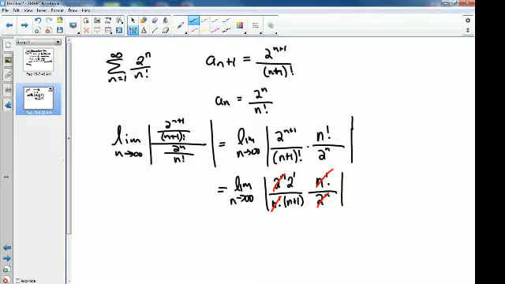Right, now we have the limit as n approaches infinity of 2 over n plus 1, which is 0, right?